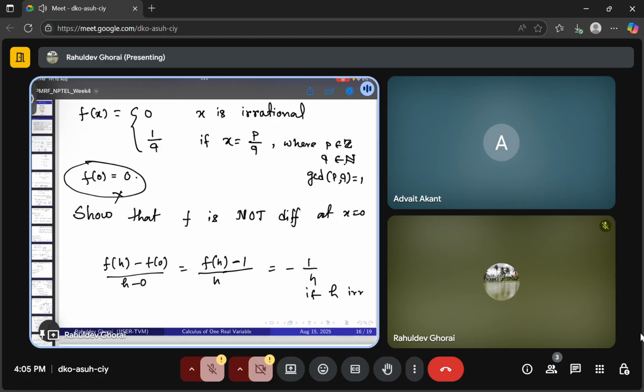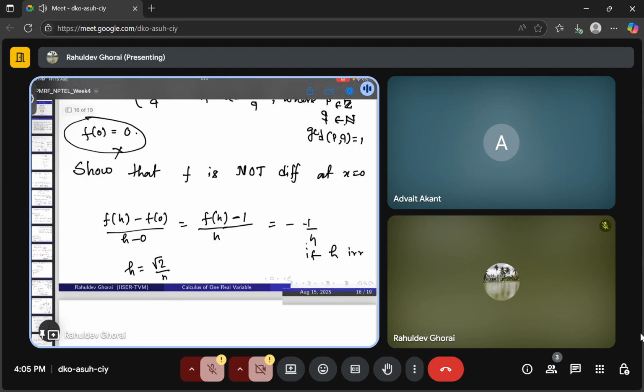That is, as h tends to 0 through irrational numbers. You can just give h equal to square root 2 over n. Even then it does not exist, right? So that's why f(0) is equal to 0 now.